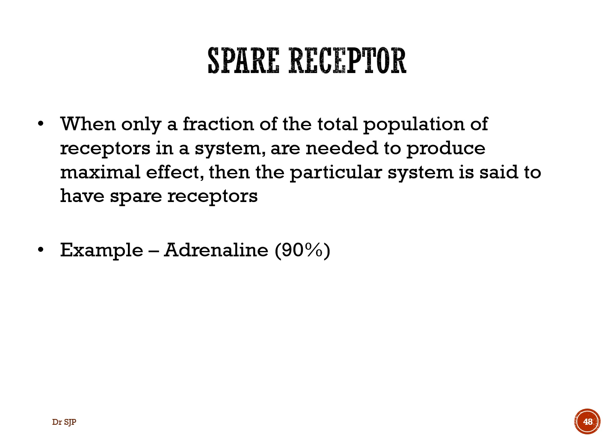The second way to produce a maximal effect without occupying all receptors is by amplifying the signal from each receptor. You amplify and you get an increased response.